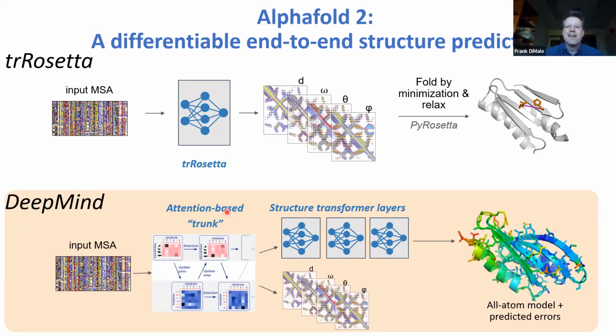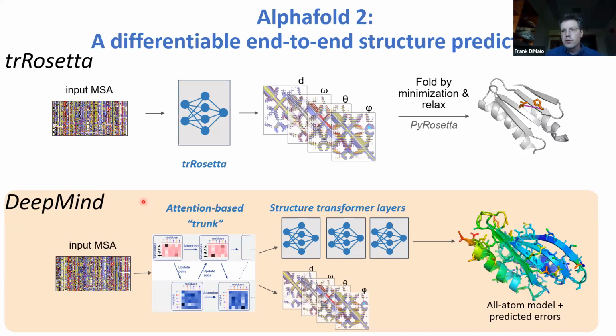I think there are a couple of key differences here that led to this performance improvement. The first was the machine learning architecture that they used. TR-Rosetta and previous methods had used convolutional neural networks, which are very popular in computer vision, whereas DeepMind made use of attention-based mechanisms, which are more popular in language. The difference between these two has to do with how information flows.